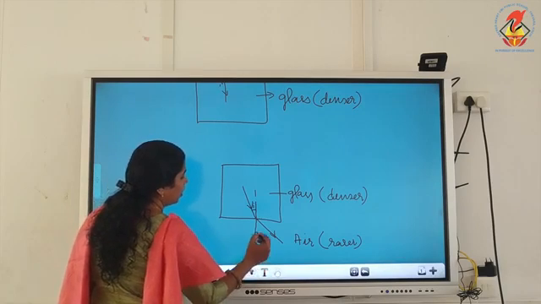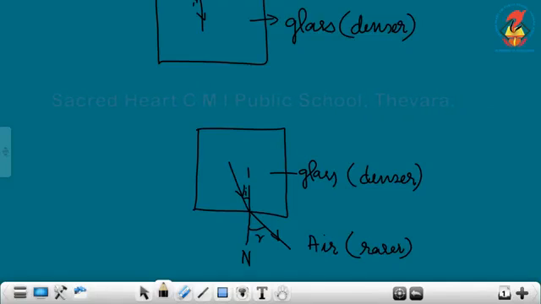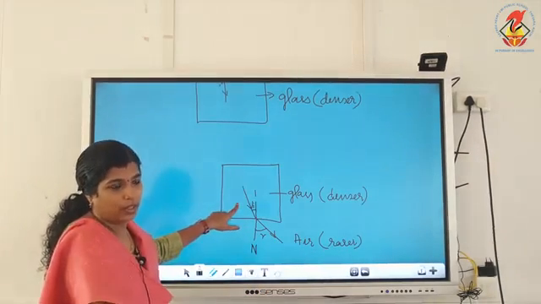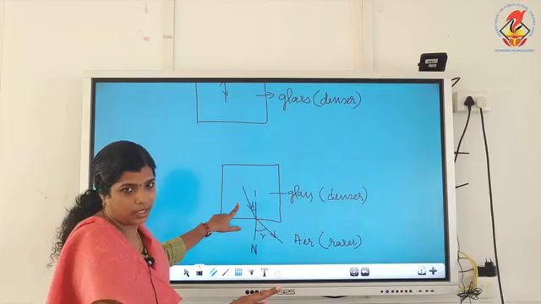This one is the normal. This is the angle of refraction. So, what is the reason for that bending? Why is it moving away from the normal? The reason is that in glass, a denser medium, the speed of the light will be less.